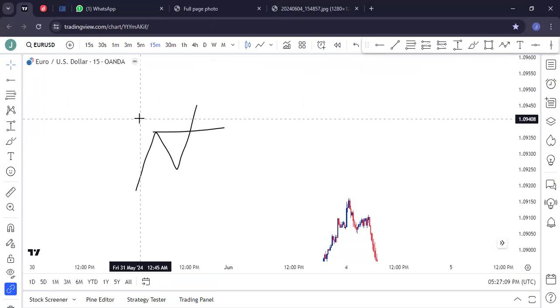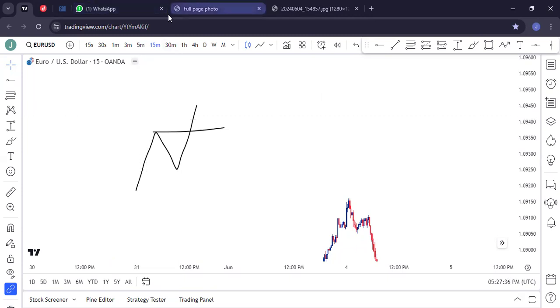If you find a liquidity engineering, a break of structure or a change of character that has changed by body or just wicks in a smaller time frame from 5 minutes to lower, you can take it as a break of structure or a change of character.